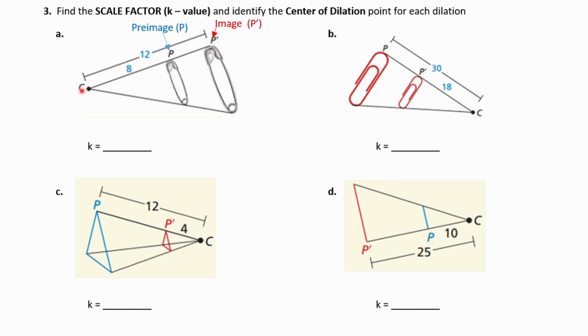We've done that here. And if I want to find what the k value is, well, I can take the values of these distances and I can compare them. Since my object is growing, and I know this thing is going to be an enlargement, I should know that my k value should be greater than 1.